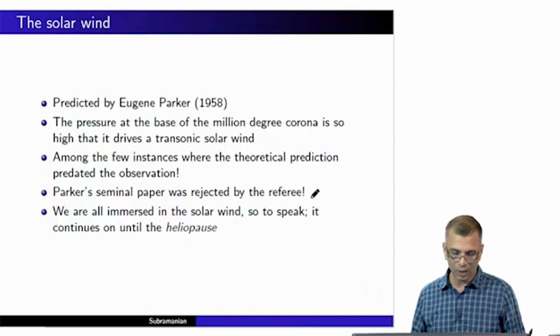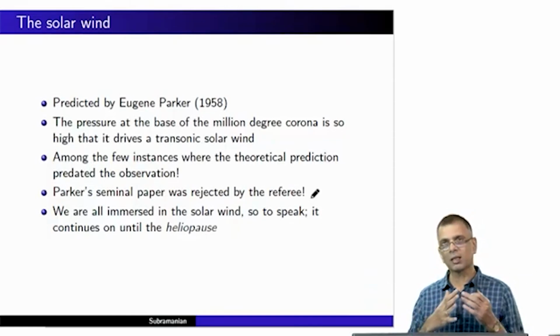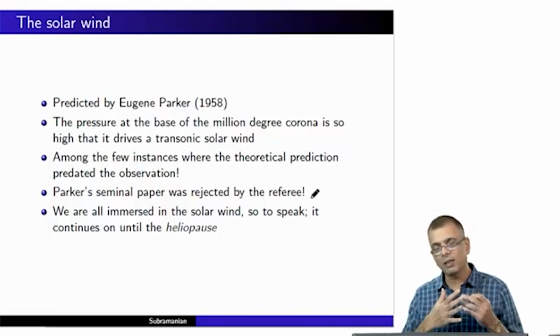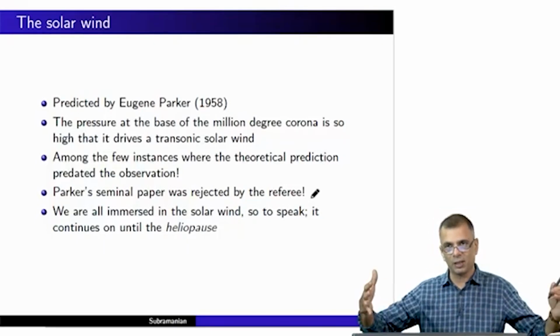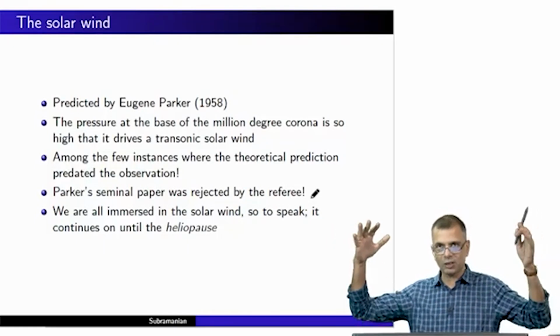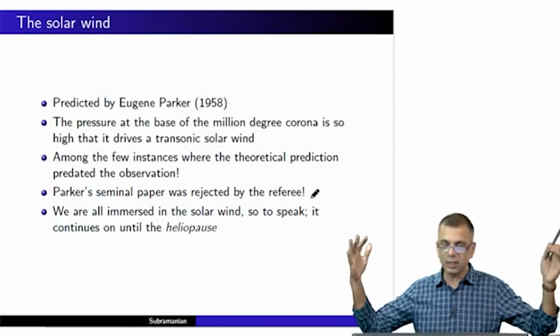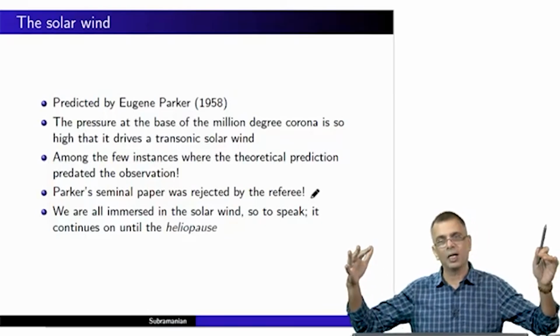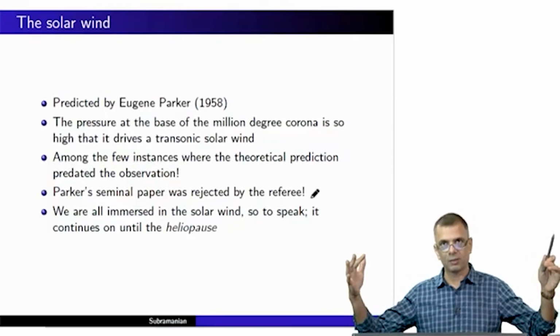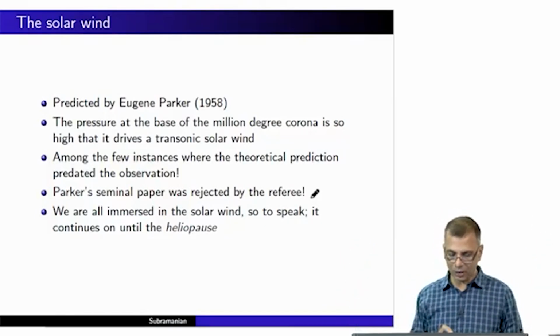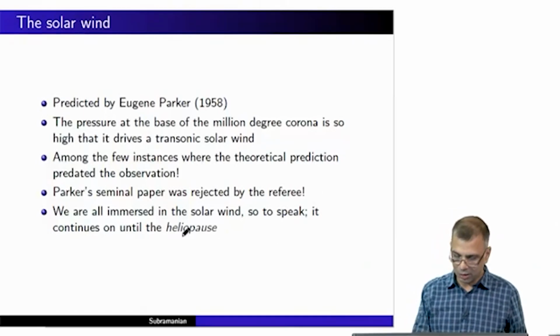It continues on until the ram pressure of the solar wind cannot take it any further. The pressure of the surrounding interstellar medium is so large that it acts as a wall, and in some sense it blocks the solar wind. And that place is called the heliopause.